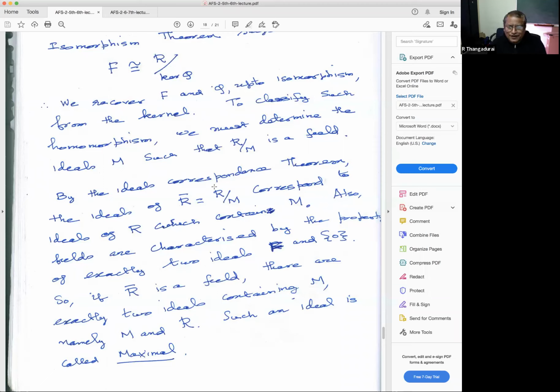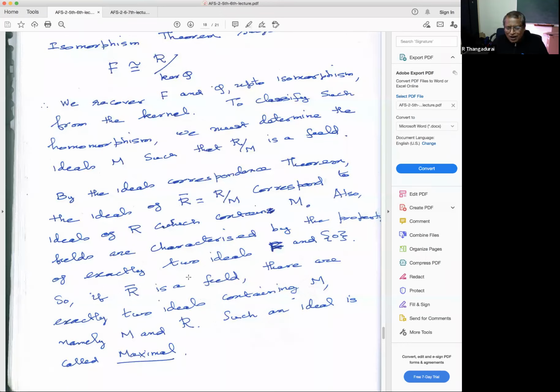Since R bar is a field, what are the possible ideals? In the correspondence, R bar is nothing but R modulo M. R bar is a field, therefore we have only two ideals, namely R bar and the zero element. The zero element in the quotient ring is nothing but M.